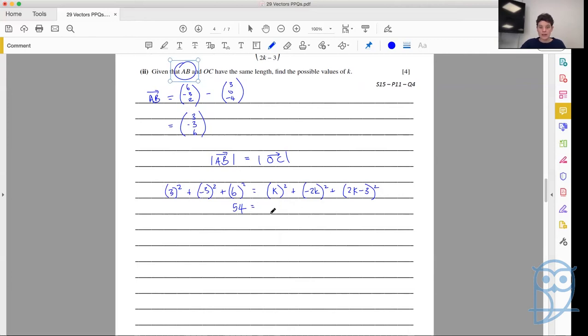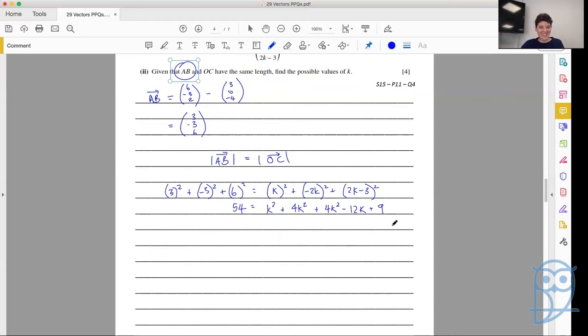Then we get a k squared plus a 4k squared plus a 2k, 4k squared minus 6, so minus 12k plus 9. Again, if you're struggling with expanding brackets, rather write them out, show the 2, do your FOIL. But you should be getting to a point where you can do these in your head.